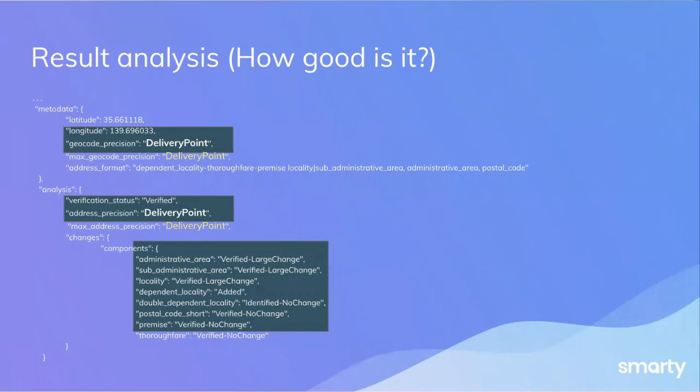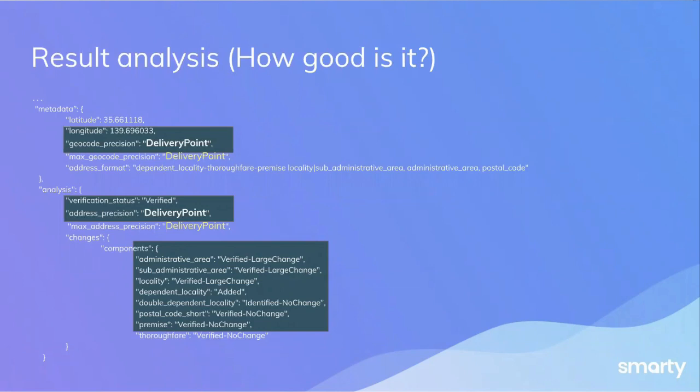So always look at the geocode precision if you care about geocodes, and the address precision for how good the address is. The components, or the changes section, also breaks it down by components and tells you how good the result is.